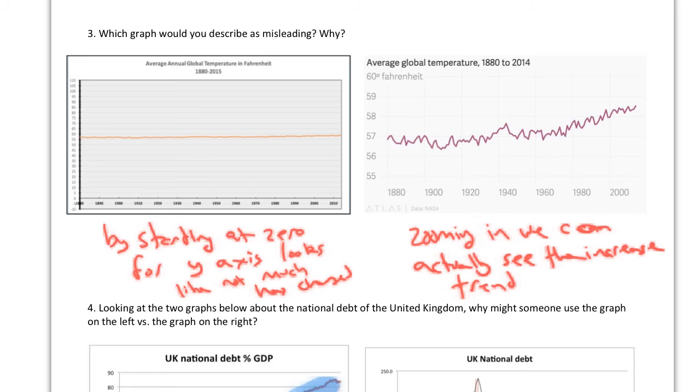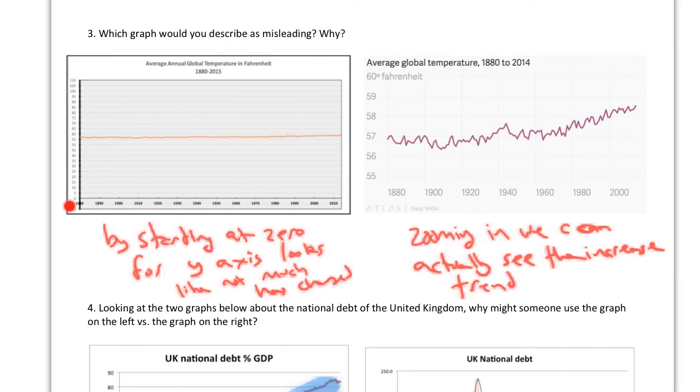3, here's a really good example of making the graph show what you want it to show, right? If we look at number 3 where it starts at 0, it sure looks like temperature is pretty steady here, almost perfectly flat.